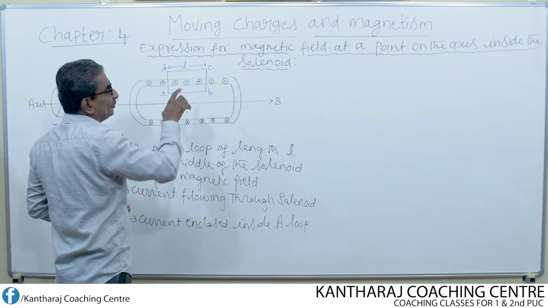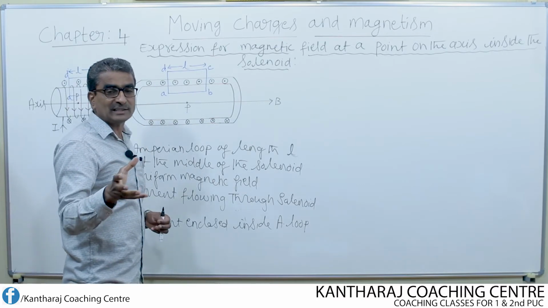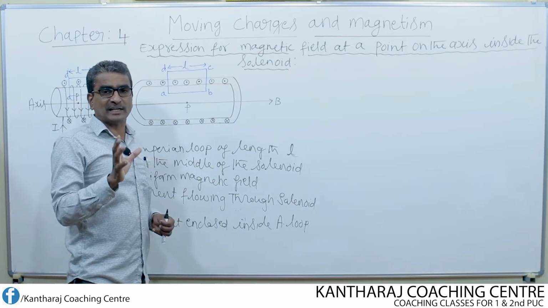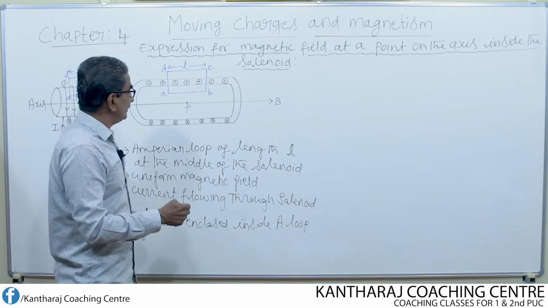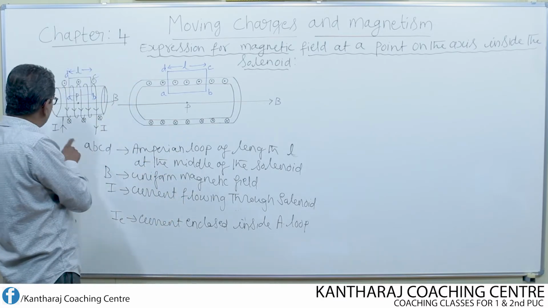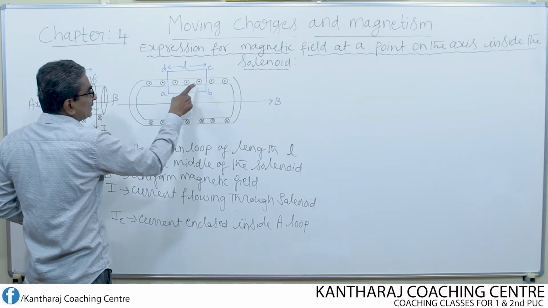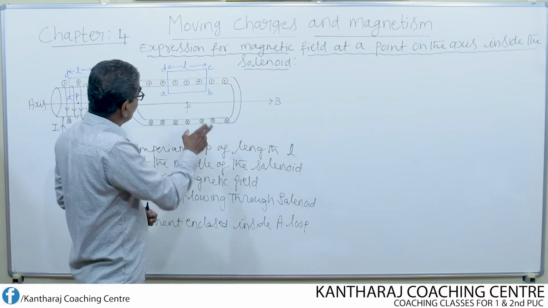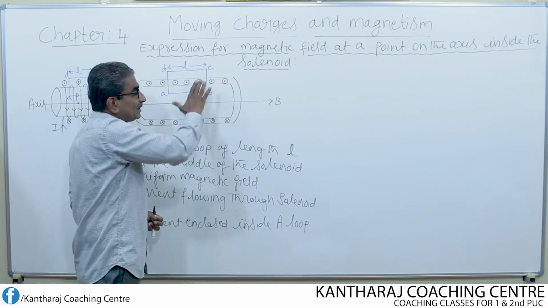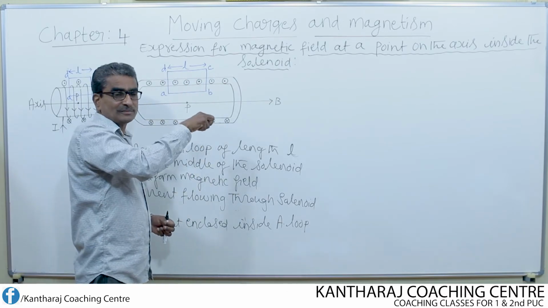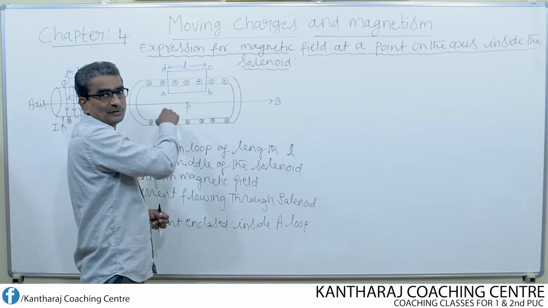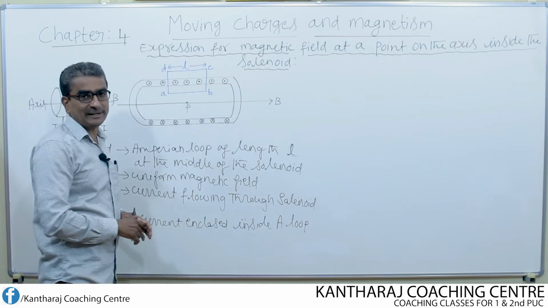Within this Amperian loop, what is the total current that is enclosed? There is a difference between current enclosed and current flowing. Overall, the current flowing through the solenoid is I, whereas what total current is enclosed by means of these number of turns within this entire Amperian loop, that is nothing but I_E.